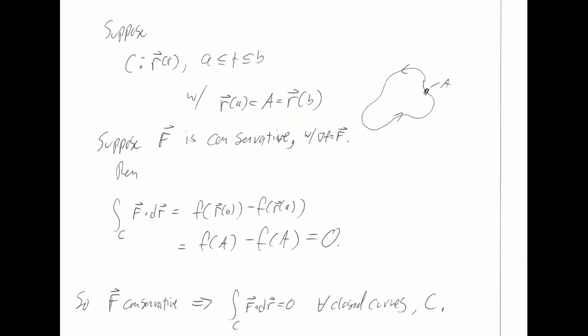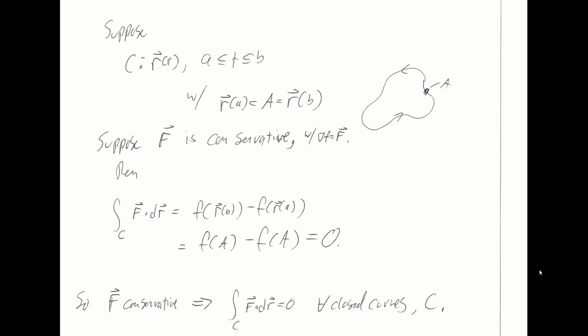So those are closed curves. Let us suppose that we have such a closed curve here, C, given by parameterization r hat. And I tell you that it's a closed curve by telling you that r hat of little a is equal to r hat of little b, and those two output vectors for r hat are the point in space A. Let's further assume that we have a conservative vector field F hat, and that a potential function for big F hat is given by little f.